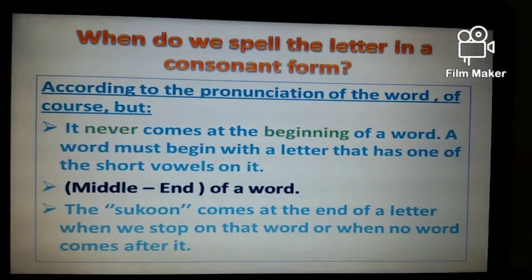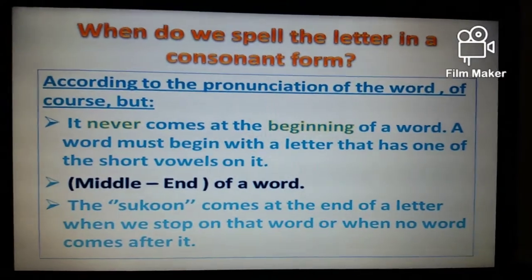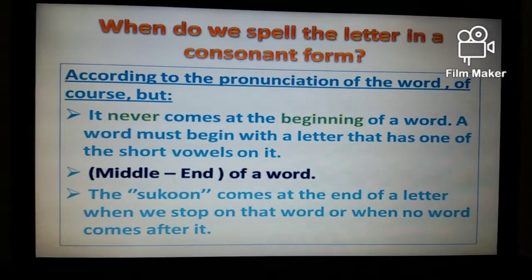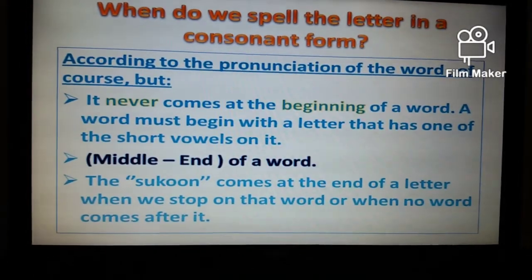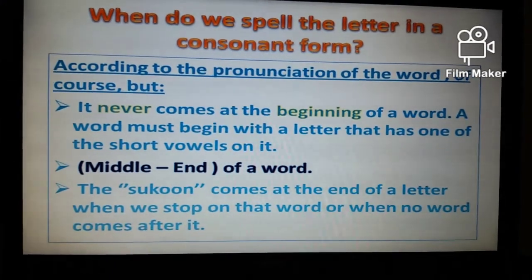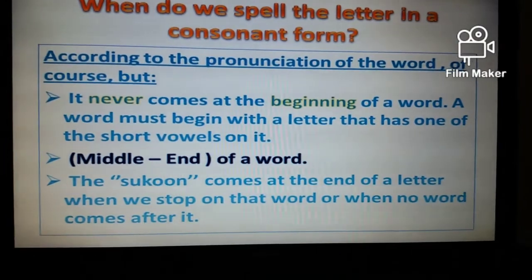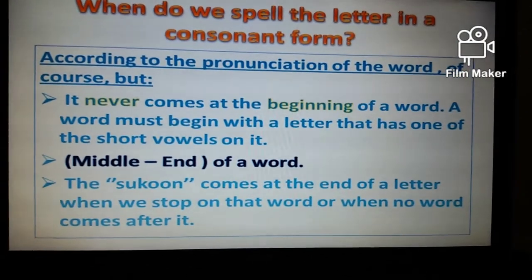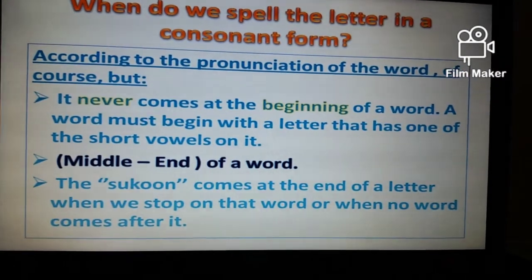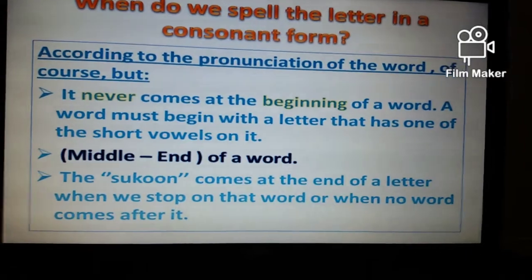So when do we spell the letter in a consonant form? To summarize what I've written here, we usually don't begin a word with the Sukoon, okay?